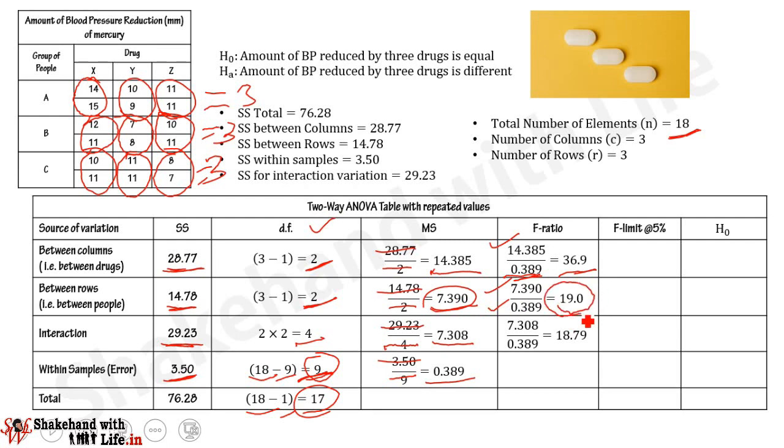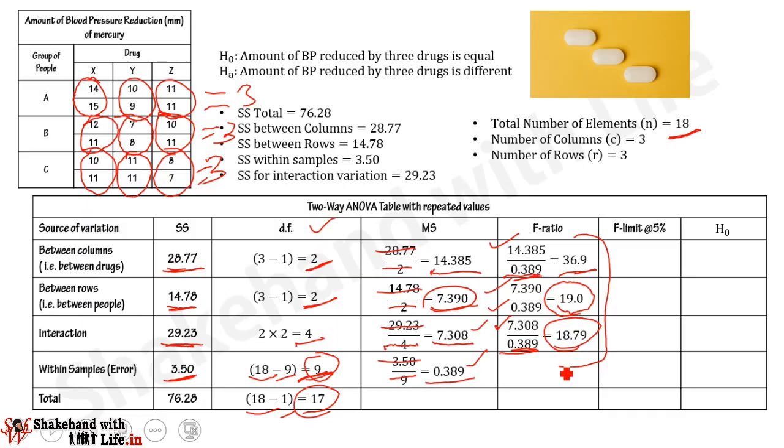So we get 19.0. And the F ratio corresponding to the interaction variation is 7.308 in the numerator and 0.389 in the denominator, right? So when we divide 7.308 by 0.389, we get 18.79.